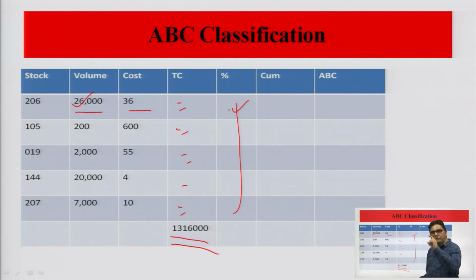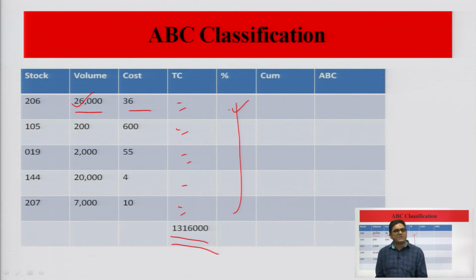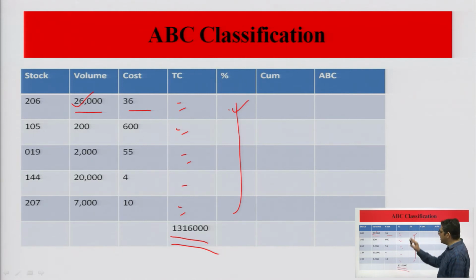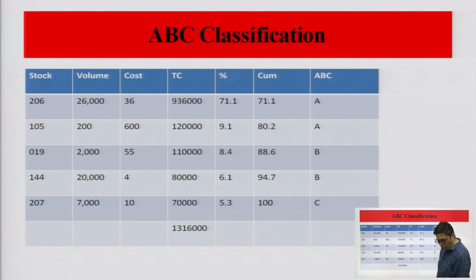So, if these items are catering to 80% of the total cost, they will be classified as items A. If they are covering 15% to 25% of the cost, they can be kept as item B, or if they are only covering 5% or less, then they can be classified as item C. So, we take this classification as per their cost contribution to the total cost.